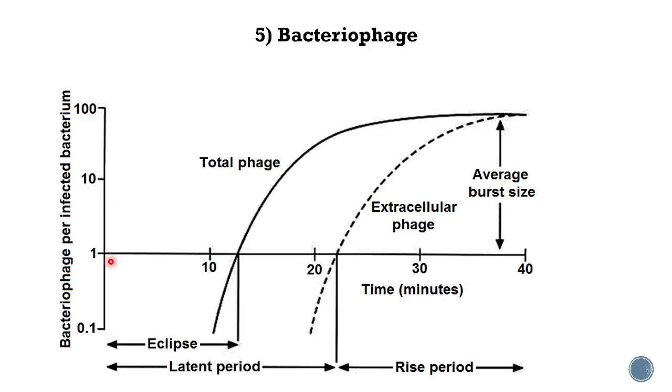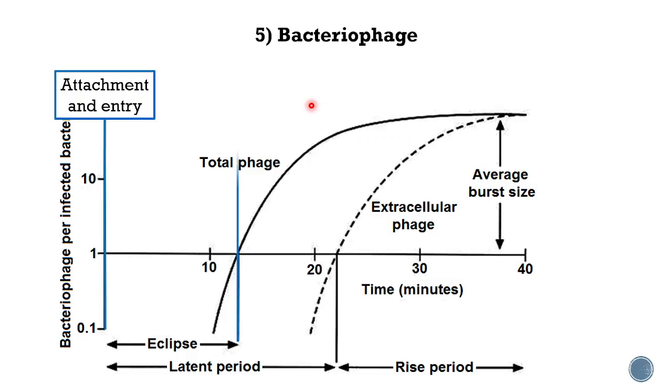So that's where the attachment, the entry of the genome, the viral DNA, and also the replication, making new viral DNA and new viral proteins, all happen during the eclipse period, before the new viruses are assembled inside the host cell.